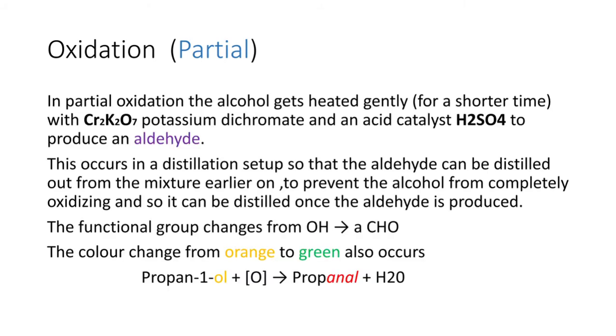Next we have the oxidation which is partial, and this uses a distillation setup. In the partial oxidation, the alcohol gets heated gently for a short period of time with the same reactants, potassium dichromate and the acid catalyst, sulfuric acid. This produces an aldehyde.